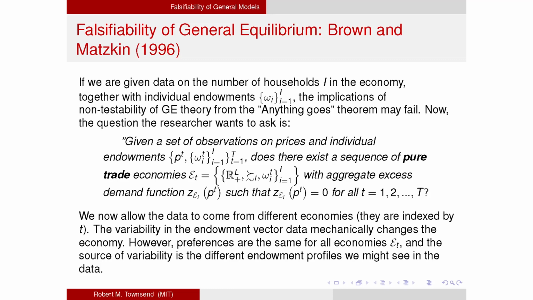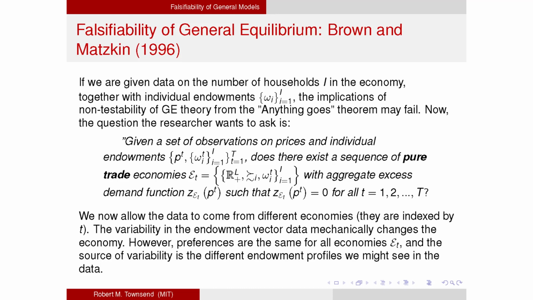Okay. Well, let's give ourselves a little more data then. Given a set of observations on prices and individual endowments, does there exist...? Okay, so T now indicates the economy. It's as if we're going to go in the cross section across several or many economies that vary in the individual ownership of endowments.